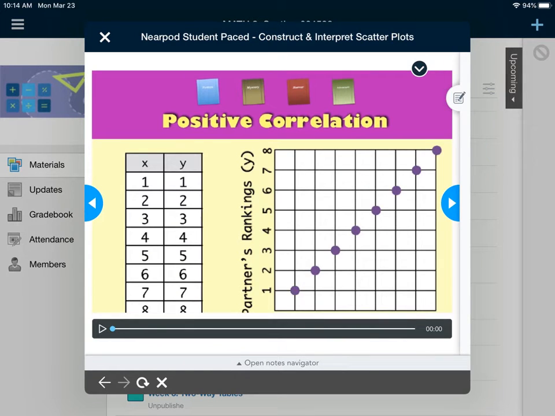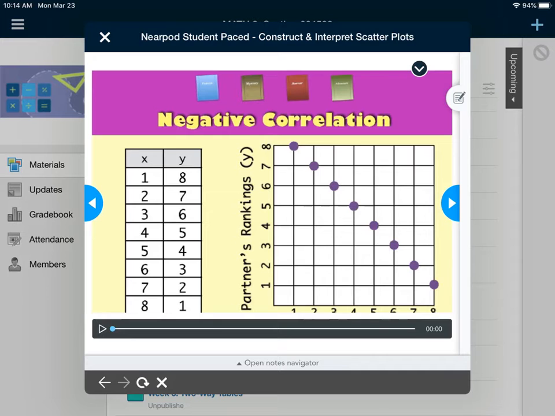And you should take note of the 3 types of scatter plots. You'll either see a positive correlation where it looks like the data is increasing. You can also look at the table to see that all of these points are increasing as we go down. So that's positive. If you see that the data is decreasing, then it's negative. See how the data here is decreasing.